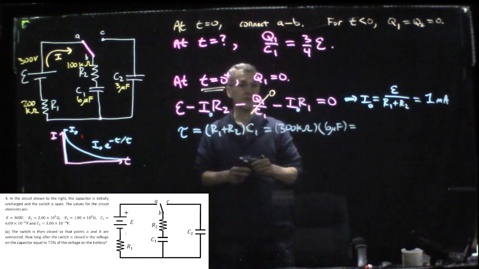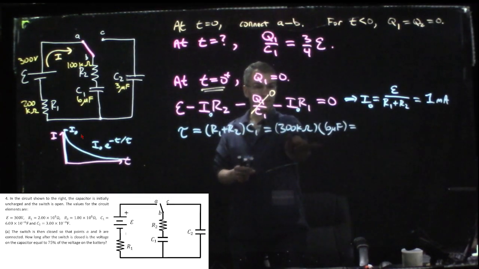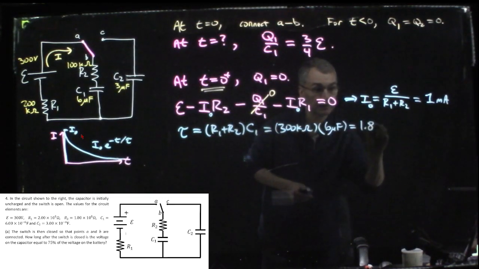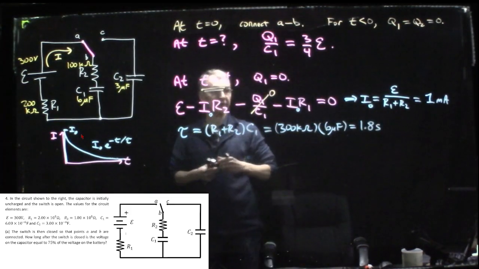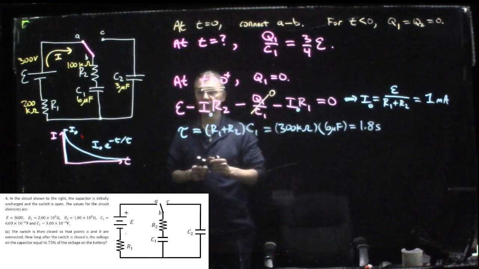Gee. Okay, we have to get the exponent right. This is 1800 milliseconds. Kilo ohms times microfarads is milliseconds. 1800 milliseconds, so that's 1.8 seconds is our time constant. That's what I got before also.